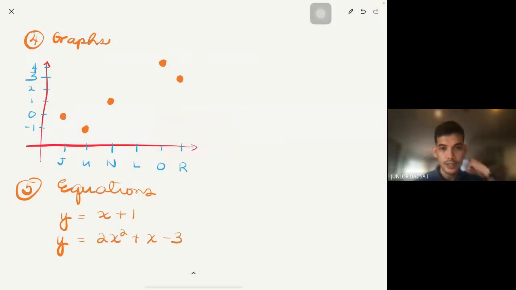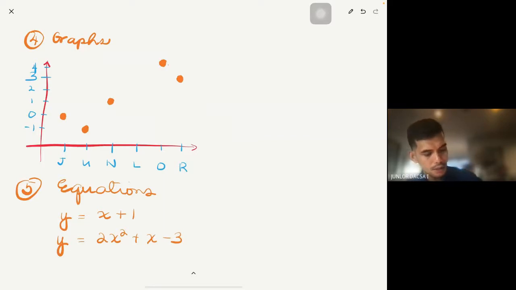So these are examples of functions through equations. But not all equations are functions. Okay? So we will also discuss, or review, how we can know if equations are functions or not.